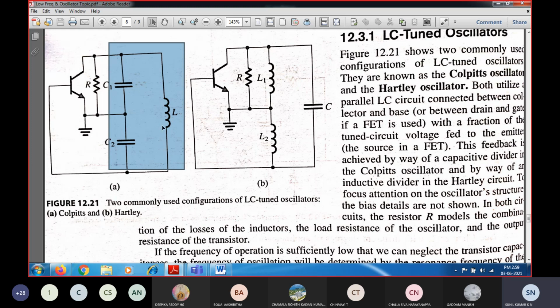Whenever the charges start moving in the inductor, it develops a magnetic field. That is nothing but a back EMF.